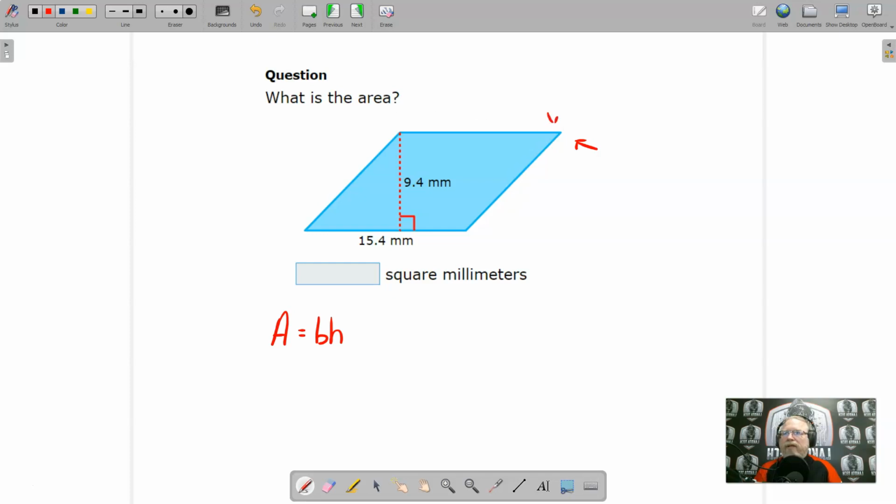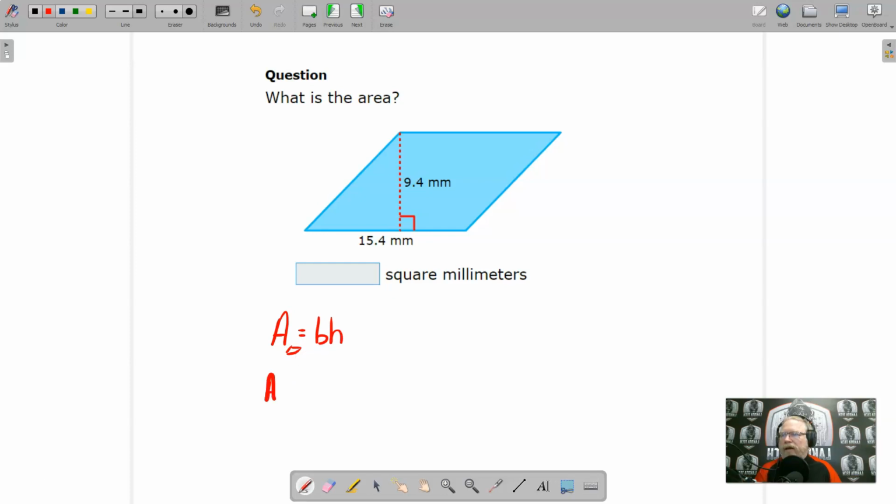But if we push this thing down this way, and it got flatter and flatter, this height right here would get smaller and smaller. The value of the height would actually decrease, just like as we're squashing it down, the area inside would also decrease. So hopefully that helps with a bit of a visual. But it is indeed the area of a parallelogram is equal to base times height.